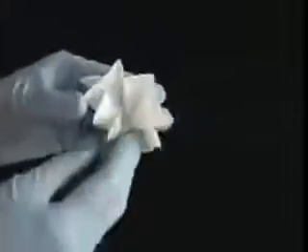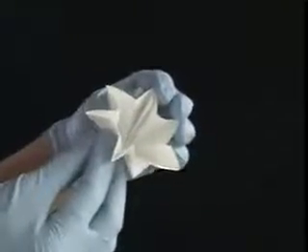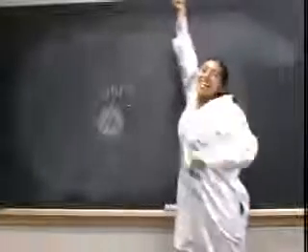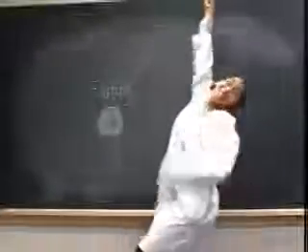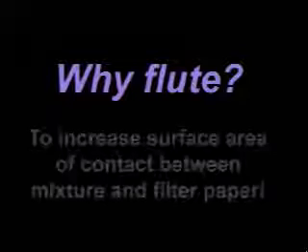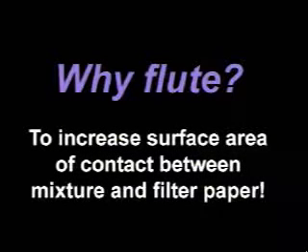By the end of this, all the folds should be alternating. This creates the fluted majesty. Don't worry, you'll get the hang of it. You may be asking, why should we even bother to flute? Well, it increases the surface area of contact between the mixture and the filter paper, therefore a more efficient filtration.